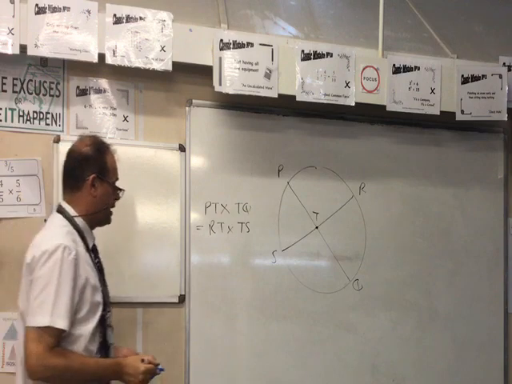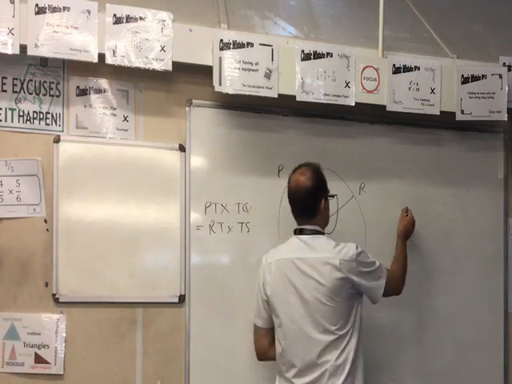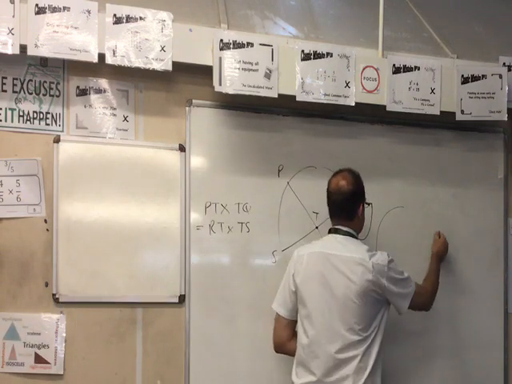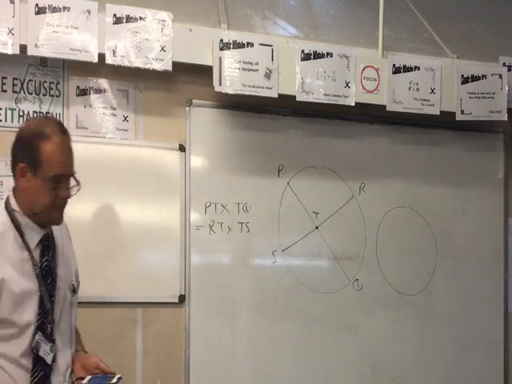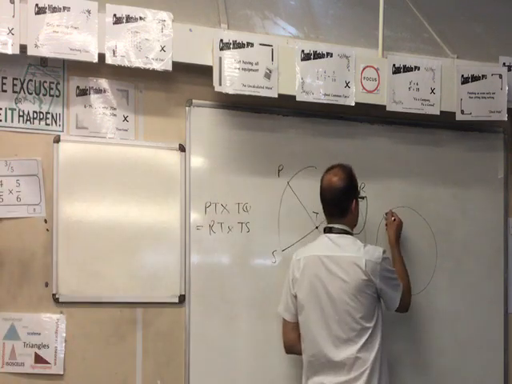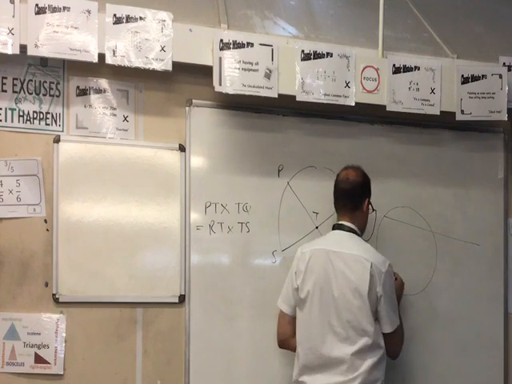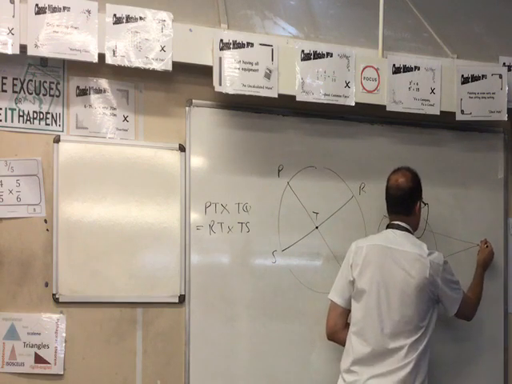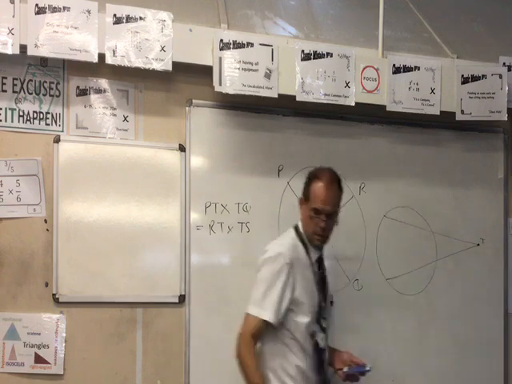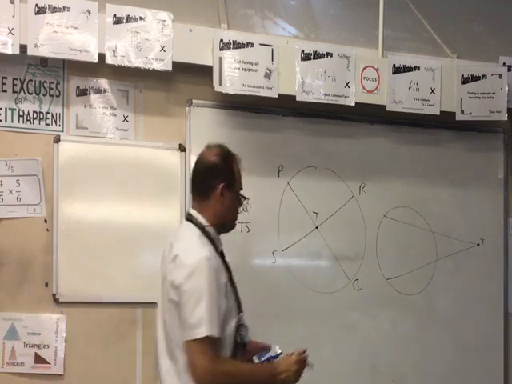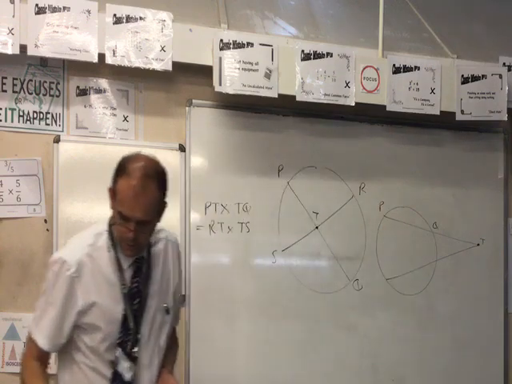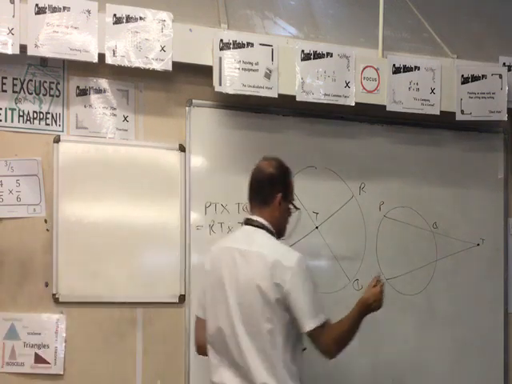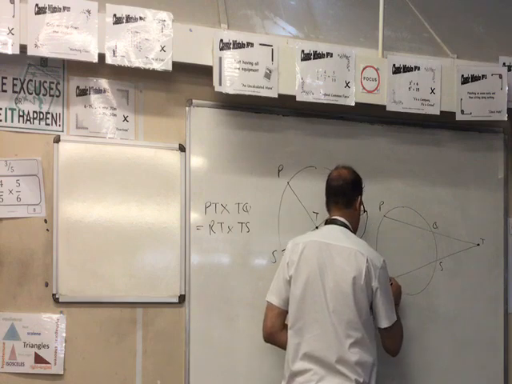Now that's still valid if I was to take the case where the external point, or the T, is where they cross outside the circle, which could happen. So you could have it crossing outside here like this. Okay, there's the T. And if I put Q and P here, and S and R here, they're still crossing, but they're crossing outside the circle.